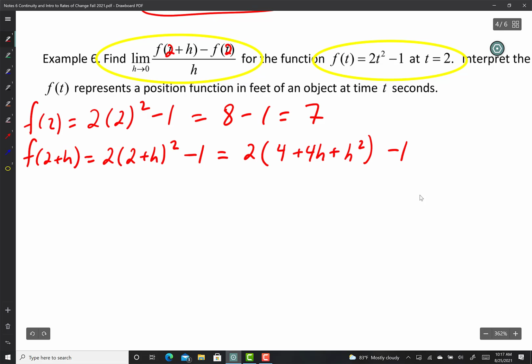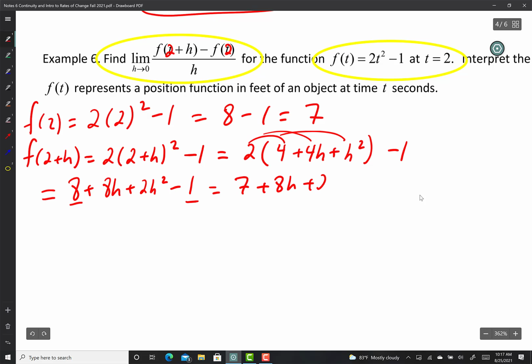Close it. Minus 1. I'm going to distribute that 2 there like so. Since I'm still working on it, this equal sign indicates the f of 2 plus h. So here we go. 2 times 4 is 8 plus 8h plus 2h squared minus 1. And then finally, combine like terms, the 8 and the 1 is 7. So 7 plus 8h plus 2h squared.